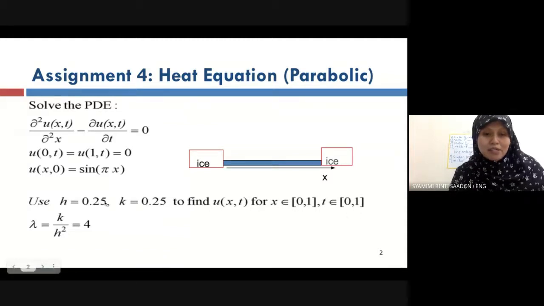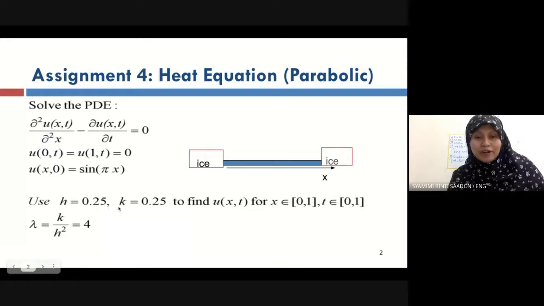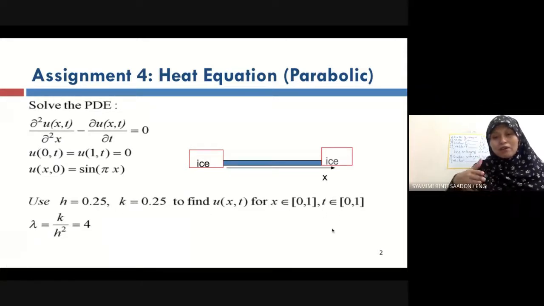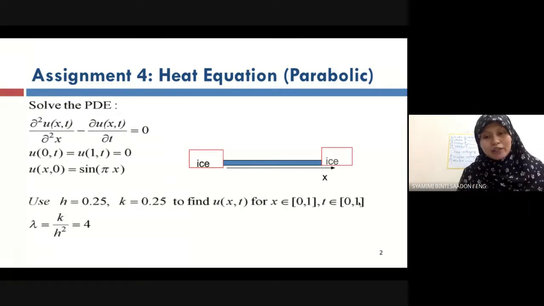If the step size is 0.25, we have u1, u2, u3 until u4 to achieve the final point t equals 1.